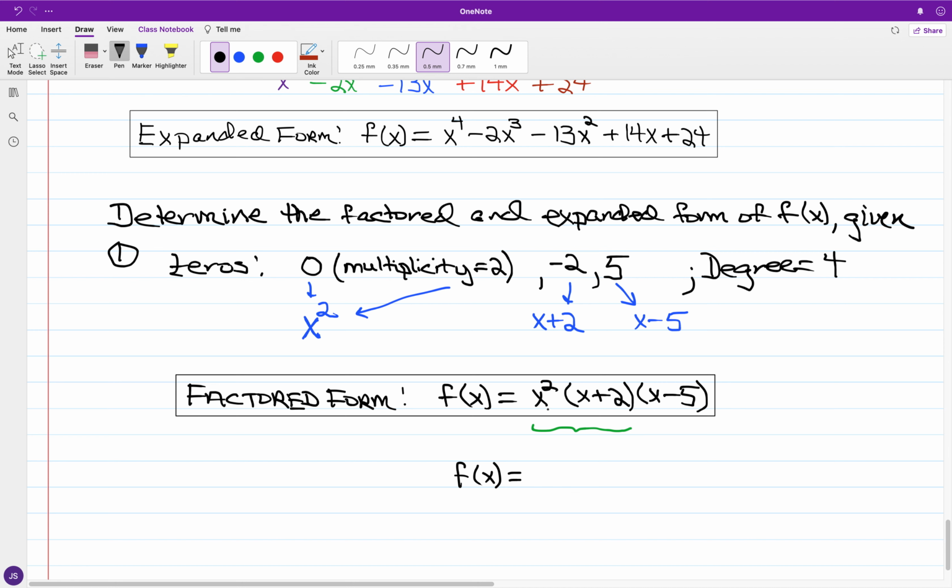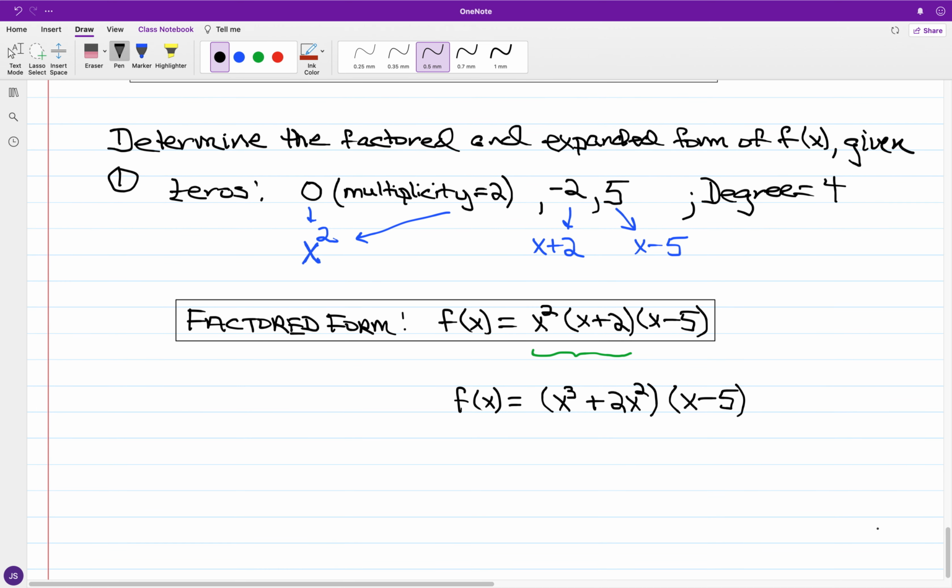And with distributing x squared over x plus 2, you have x cubed plus 2x squared. And we have times the quantity of x minus 5.